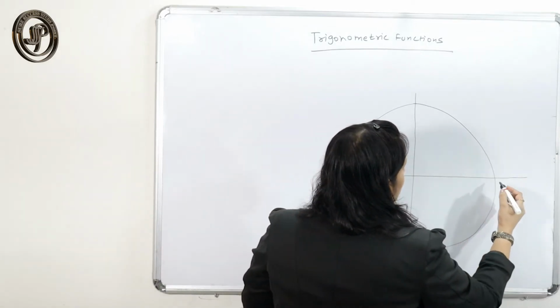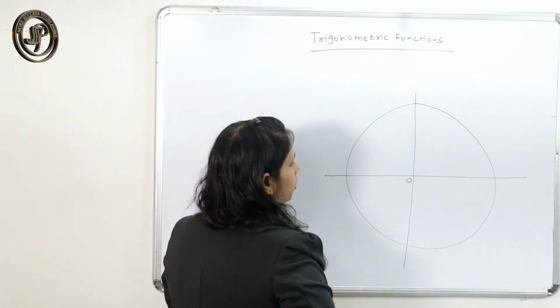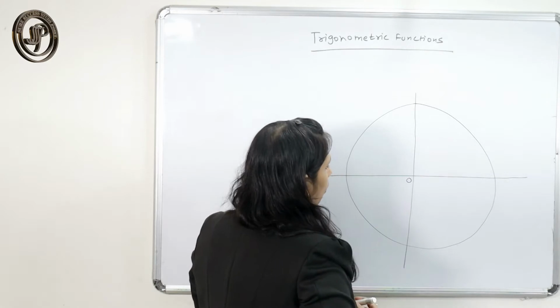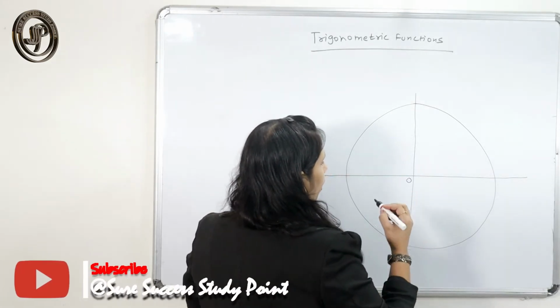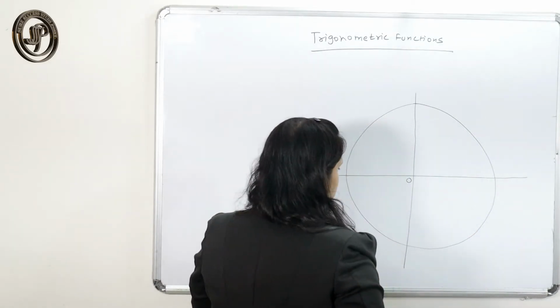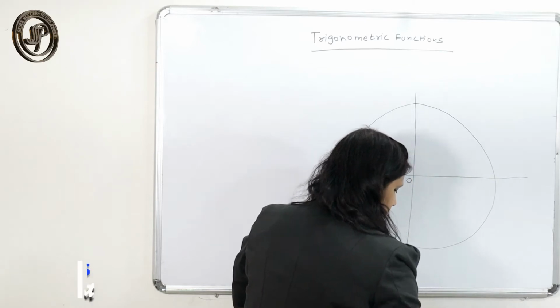If the circle is of unit radius, this is the origin O. Now I am going to plot some points in this circle. So now I have taken 4 points.